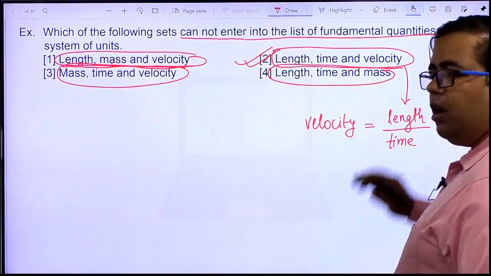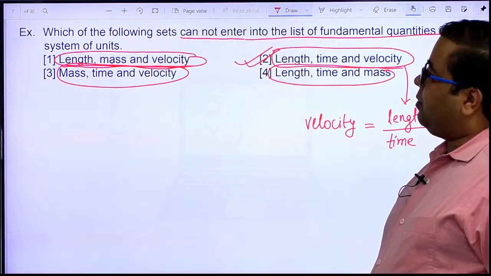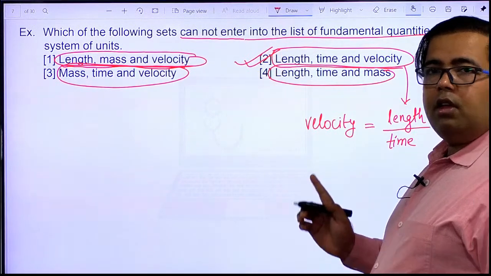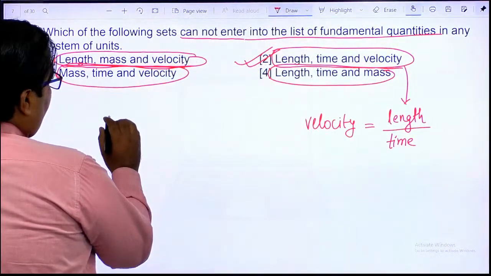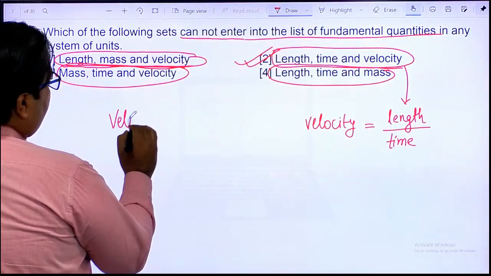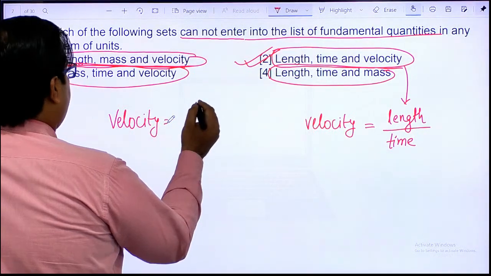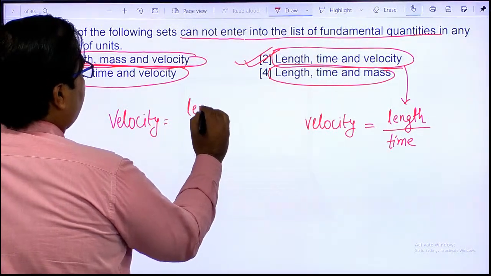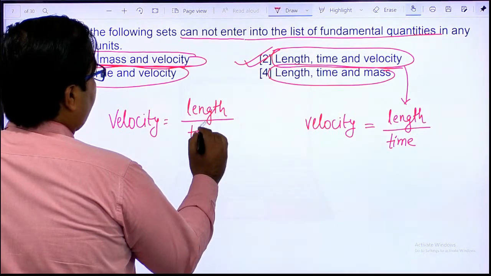Similarly, in the example we have seen, you have options: length, mass, and velocity. If you want to derive velocity, you require length by time.